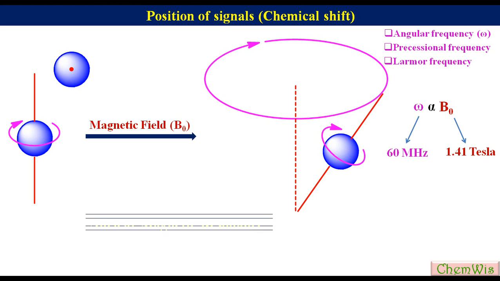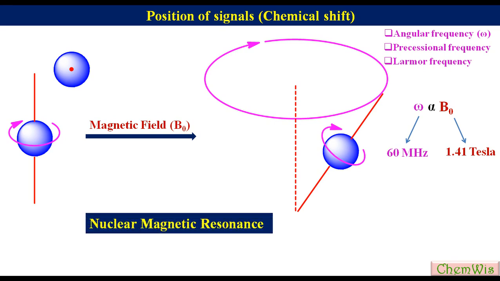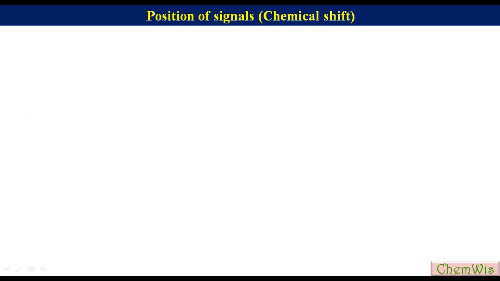This is called nuclear magnetic resonance. We can simply say that for the resonance to occur, the precessional frequency of the nucleus should be equal to the radio frequency applied.